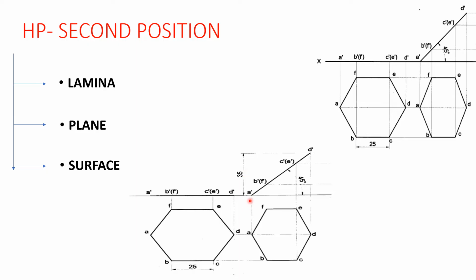That means this is the front view of that line. In order to get this position, first you need to have one 35 mm vertical line, then one simple horizontal line without any dimension. Then measure the front view of this line and take an arc with center at any point on the XY line.